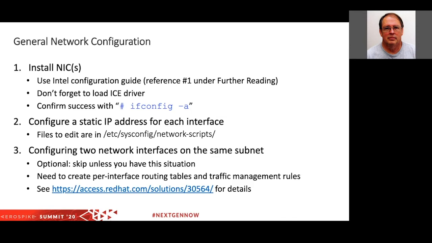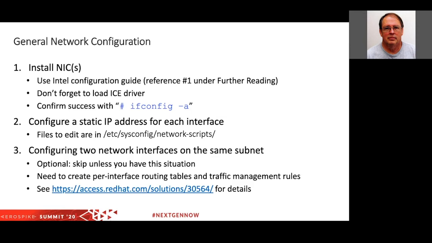If you have two 800 series cards and you're putting them on the same subnet, you can get some logical but undesirable behavior having to do with how the traffic gets out to that subnet, and you really want the traffic to be orderly, and the way to do that is to set up routes.